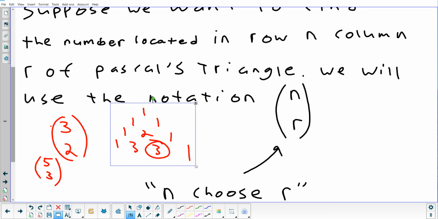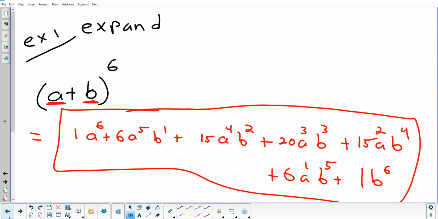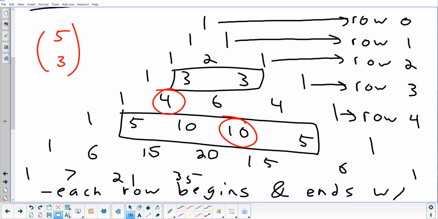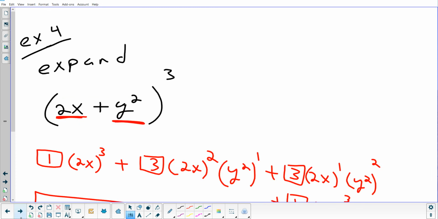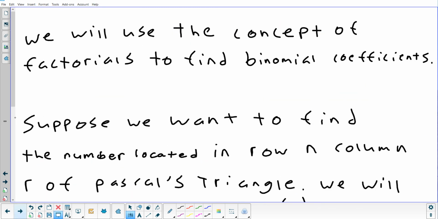How many different ways can you choose 3 objects out of 5? Well, if you went to the triangle, row 5, column 0, 1, 2, 3, there are 10 different ways that you could choose 3 objects out of a group of 5. So that's where the notation comes from. Pascal's triangle has a lot to do with probability as well.